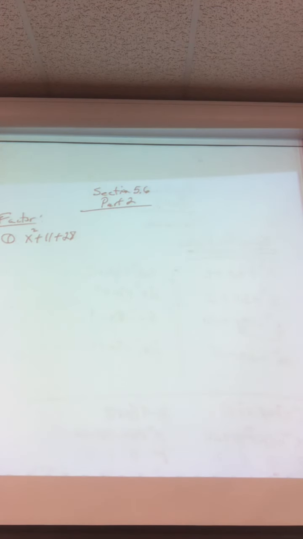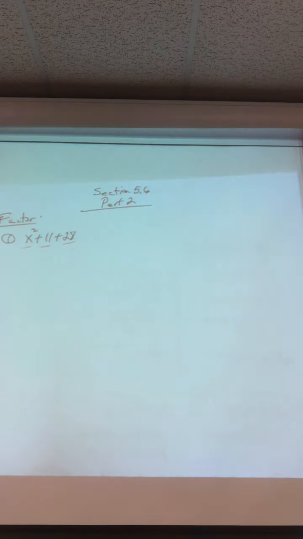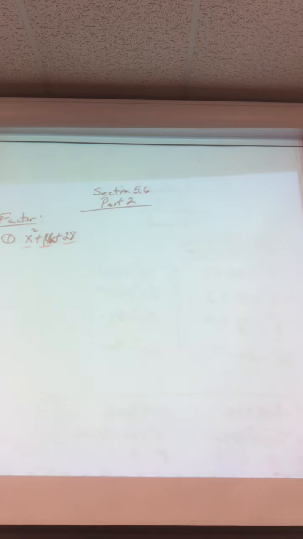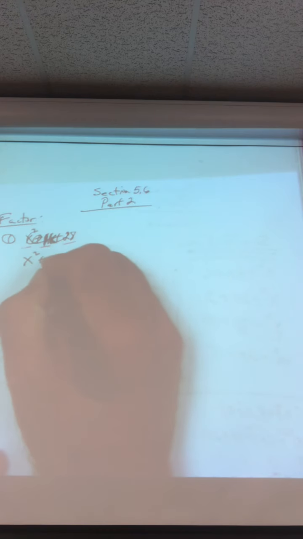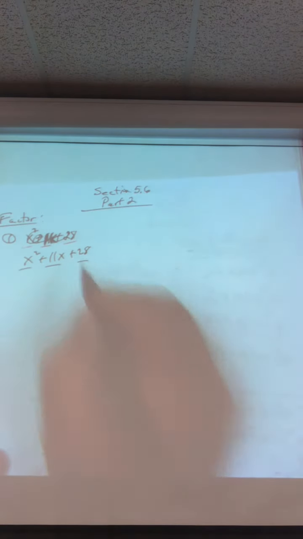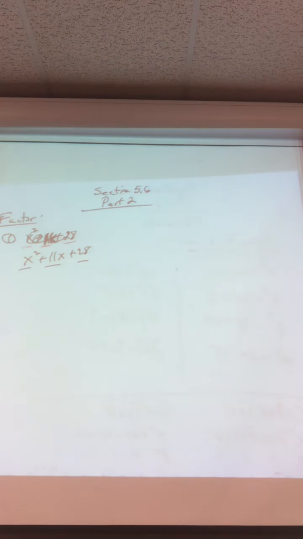It does not. And by the way, this needs to be 11x. I left off the x. Let me rewrite that: x squared plus 11x plus 28. So there's no GCF. There's nothing that goes into every term.